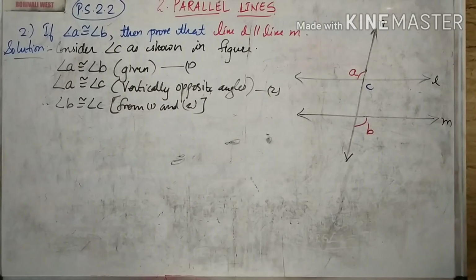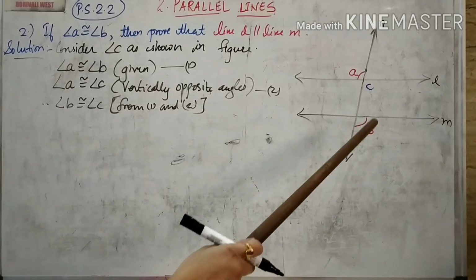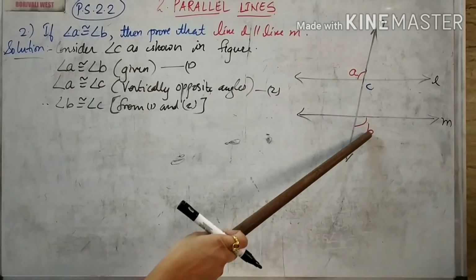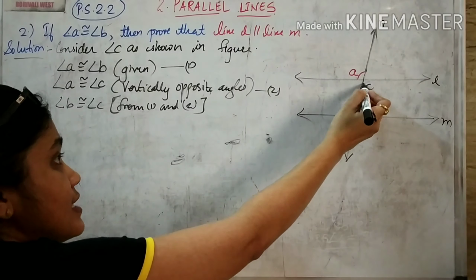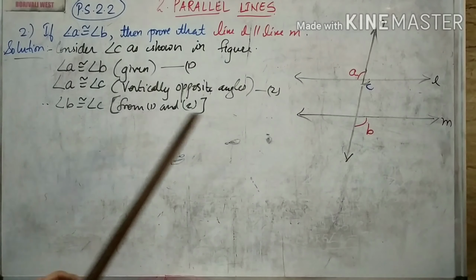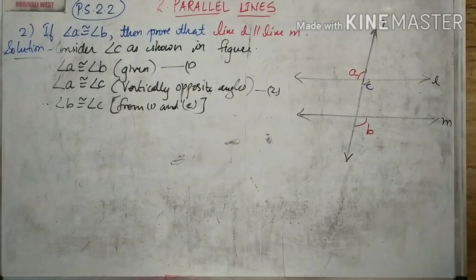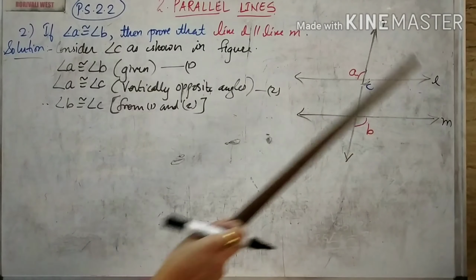Now the next part, since angle B and angle C are congruent, children, can I say that angle B and angle C are the corresponding angles? Yes, these two are the corresponding angles, and then by corresponding angles test I can say that these two lines are parallel.